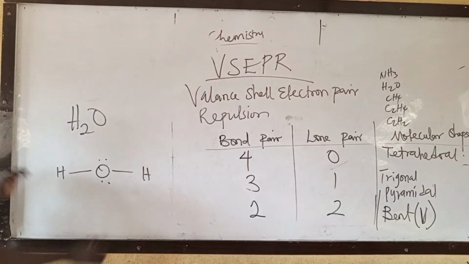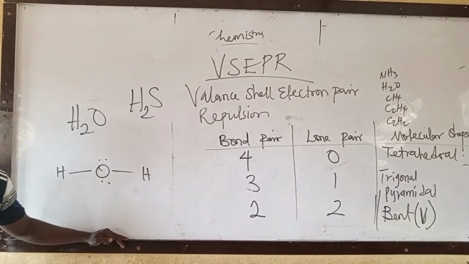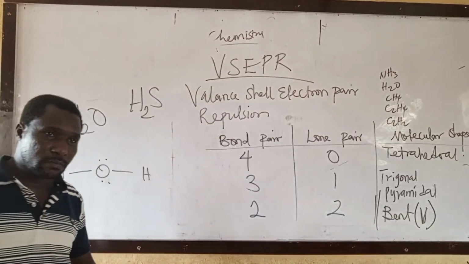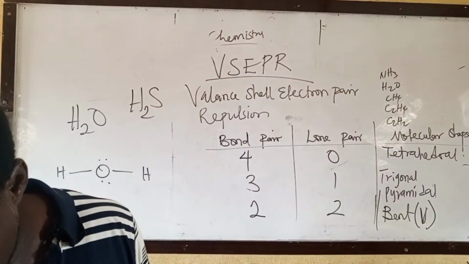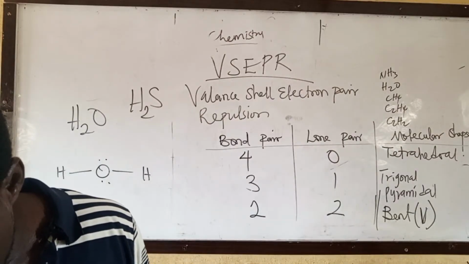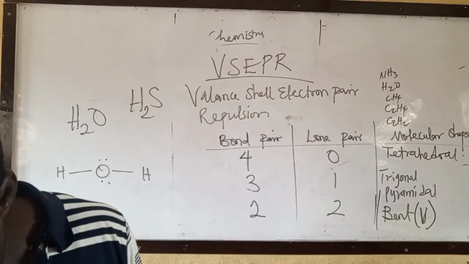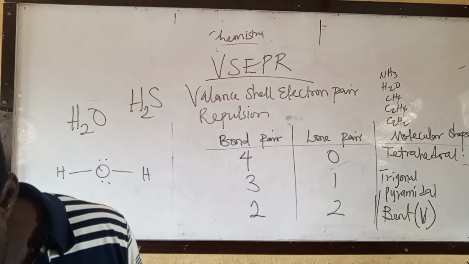Bent shape or V shape. H2S, hydrogen sulfide. How many shared pairs? How many lone pairs? Therefore, it is what? Bent shape. Write it down. Please, people online, hope you are following. You have to follow, please.